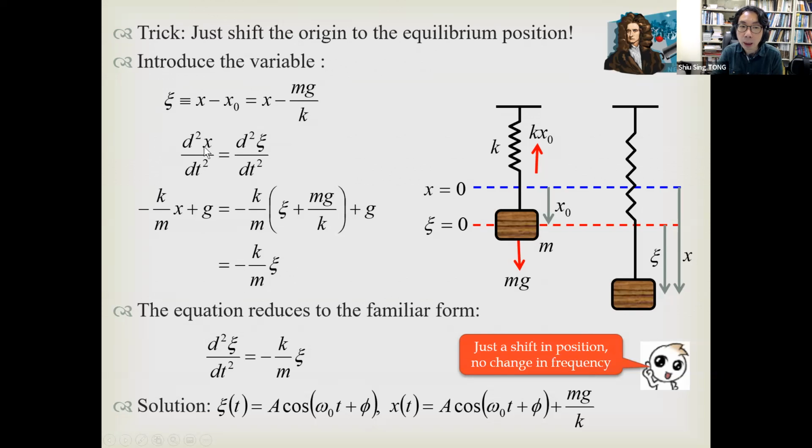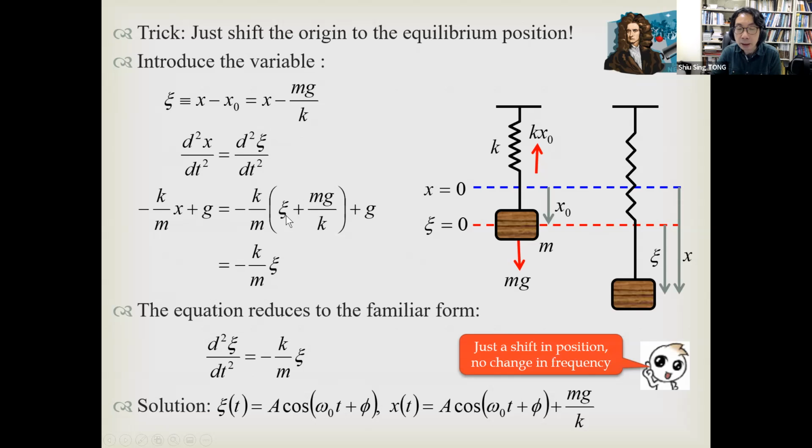So the second derivative of x and the second derivative of xi are just the same. But how about the right-hand side of the equation? If I convert x to xi, then x is replaced by xi plus mg over k. Instead of writing x, I write x as xi plus mg over k.